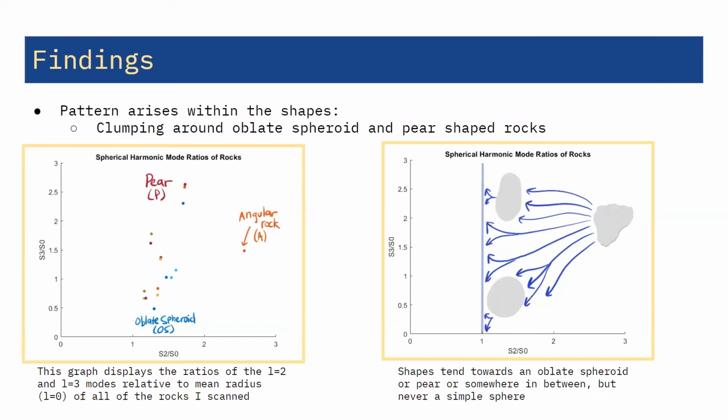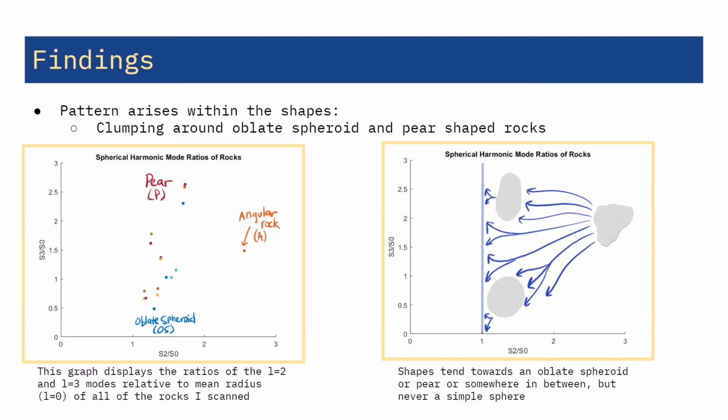Patterns started to arise in the shapes. As I mentioned before, there's clumping and clustering around oblate spheroid and pear-shaped rocks. This is a graph showing all of the rocks that I picked. On the axes, S2 over S0 is the L equals 2 mode relative to the average radius, or L equals 0 mode.